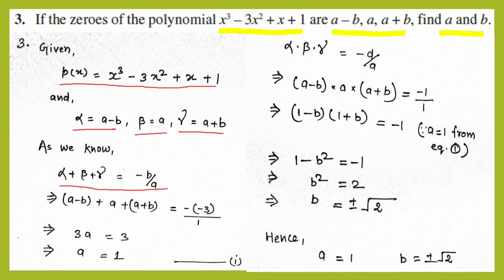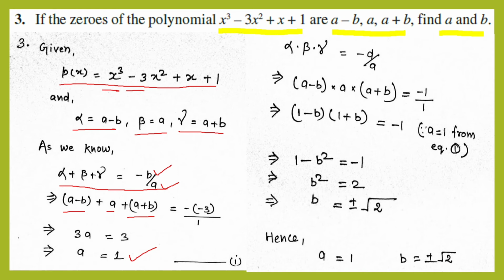Value of alpha is a minus b, value of beta is a, value of gamma is a plus b, value of b is the coefficient of x squared, that is minus 3, and value of a is the coefficient of x cubed, that is 1. So we'll put all these values and we'll find the value of a as 1.